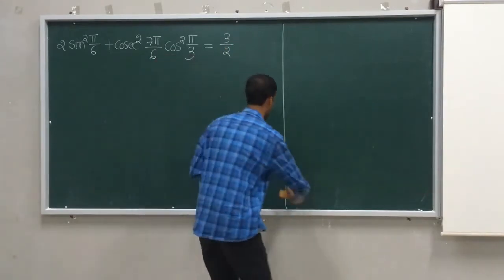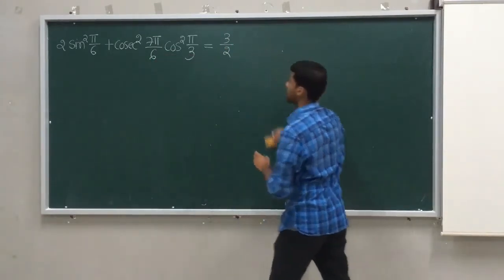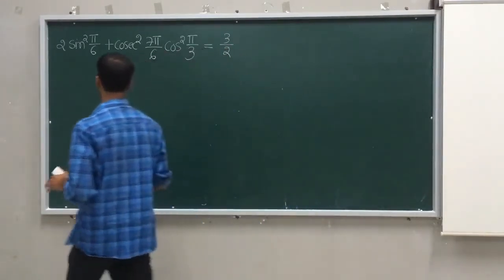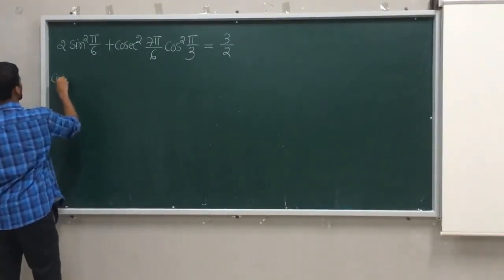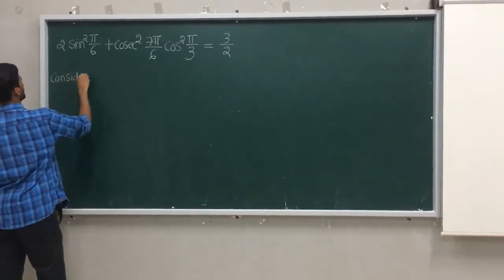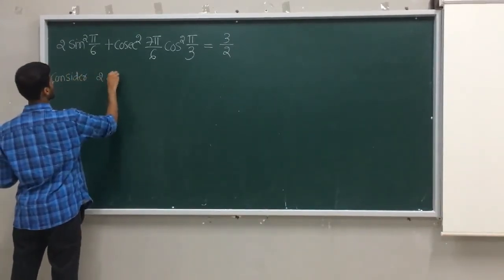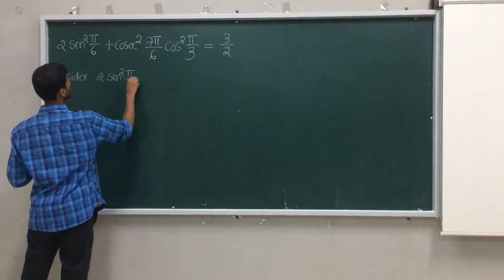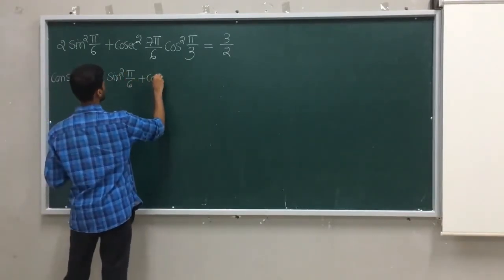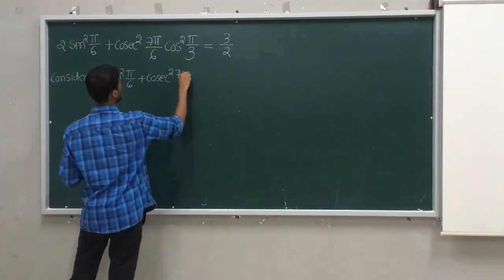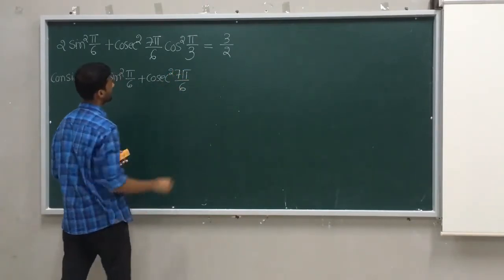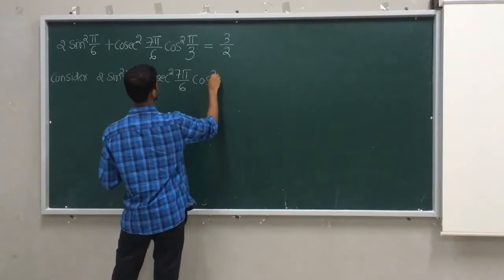That result we need to prove now. Again, better you don't wait for my response. Now you have got perfection, so better you work with me. I'll consider the left hand side, that is 2 sin square pi by 6 plus cosec square 7 pi by 6, into cos square pi by 2.